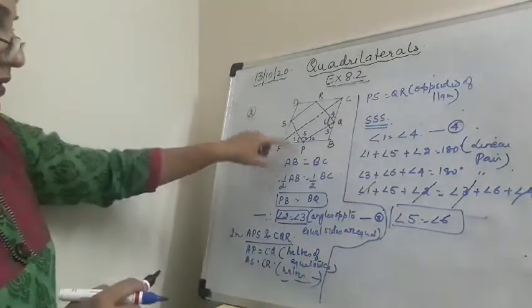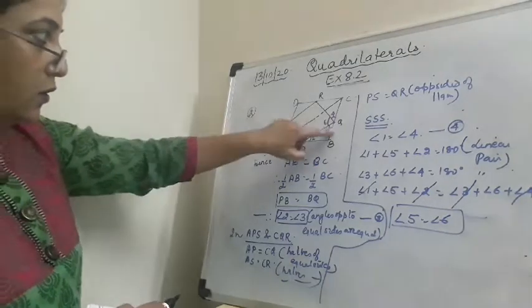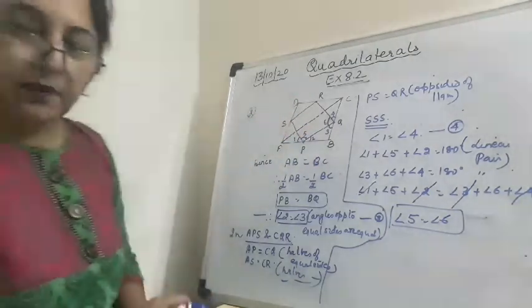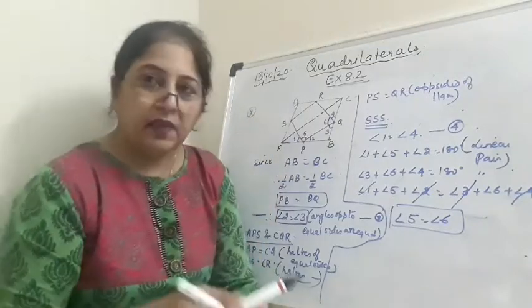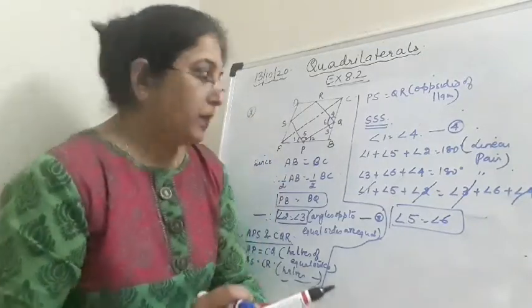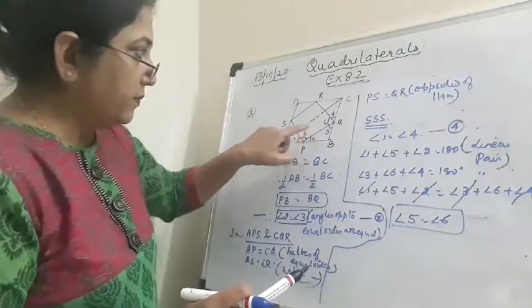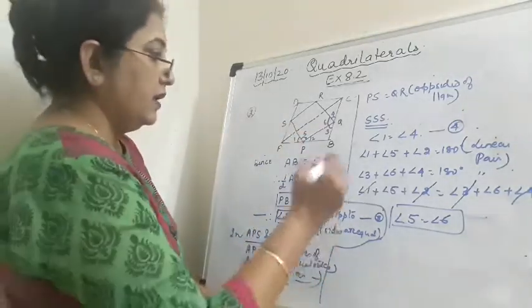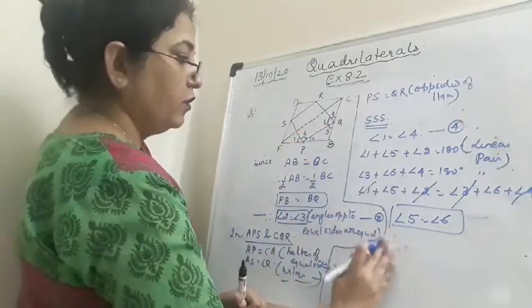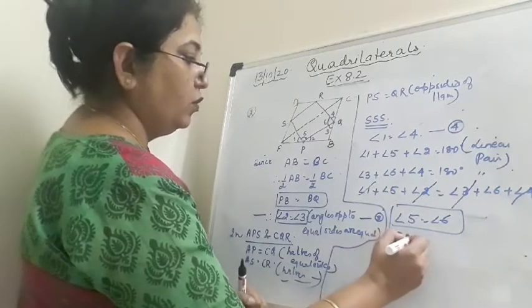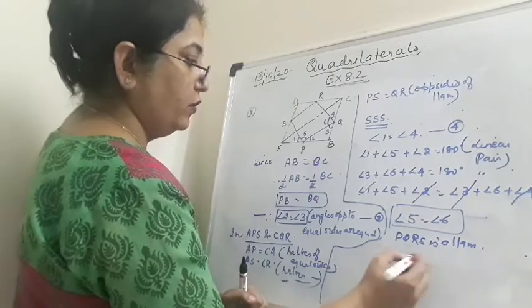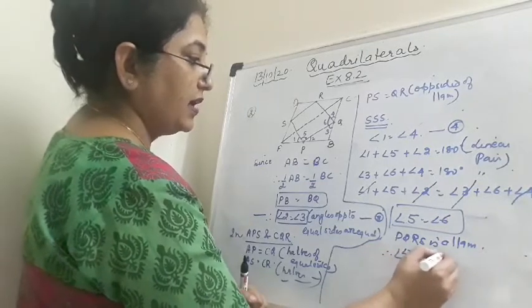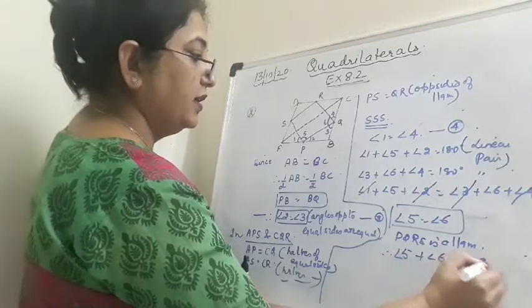Now we know that PQRS is a parallelogram. In a parallelogram, adjacent angles are supplementary. Now these are adjacent angles. So we write PQRS is a parallelogram. Therefore, angle 5 plus angle 6 will be equal to 180 degrees.